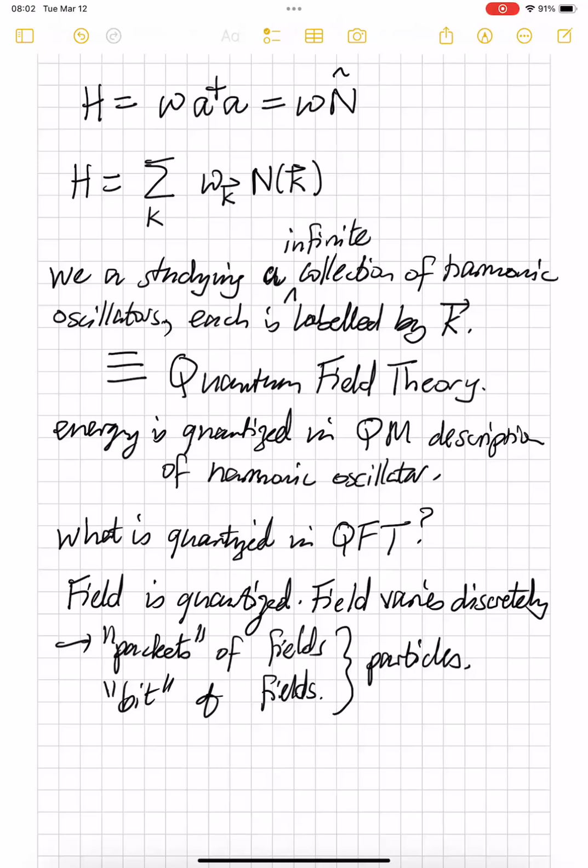The positrons are a little bit of a positron field. Quarks are little bits of a quark field. So in quantum field theory, it's the field itself that gets quantized. Things look a lot like harmonic oscillators, but with the quanta of the field, it's not that you've added a bit more energy to your state, it's that you've added another particle to your system.